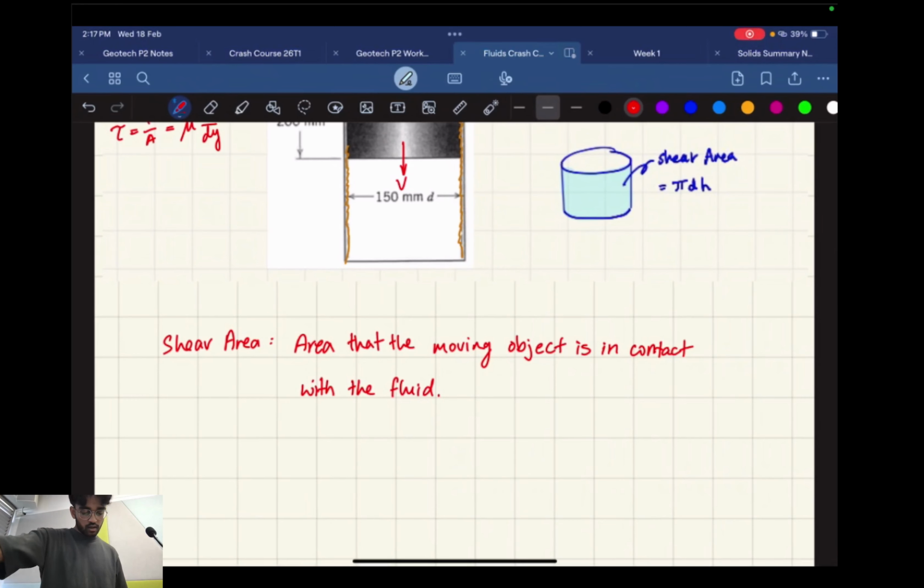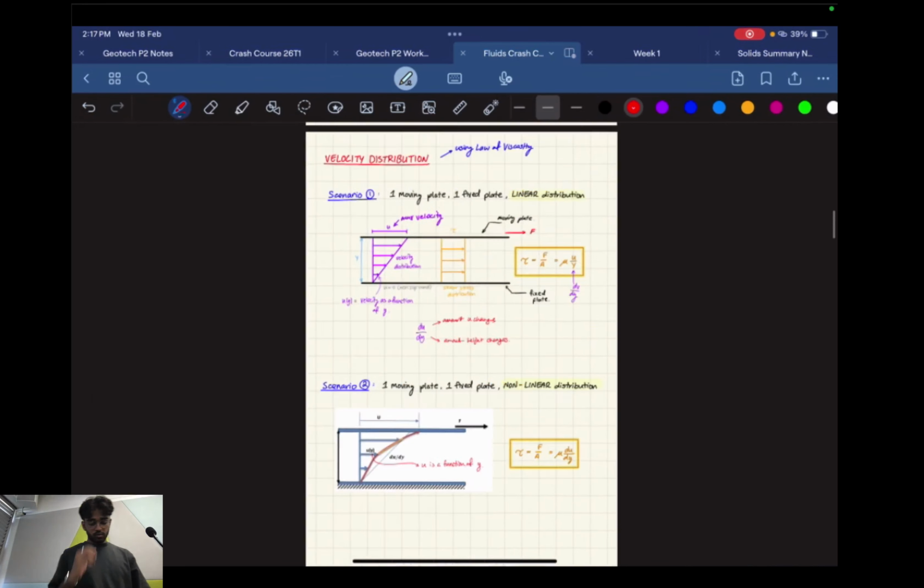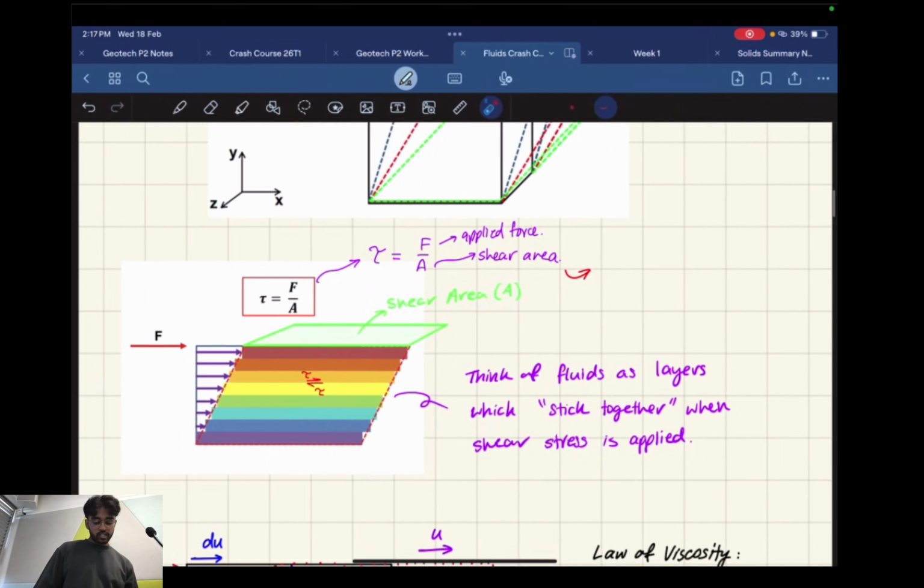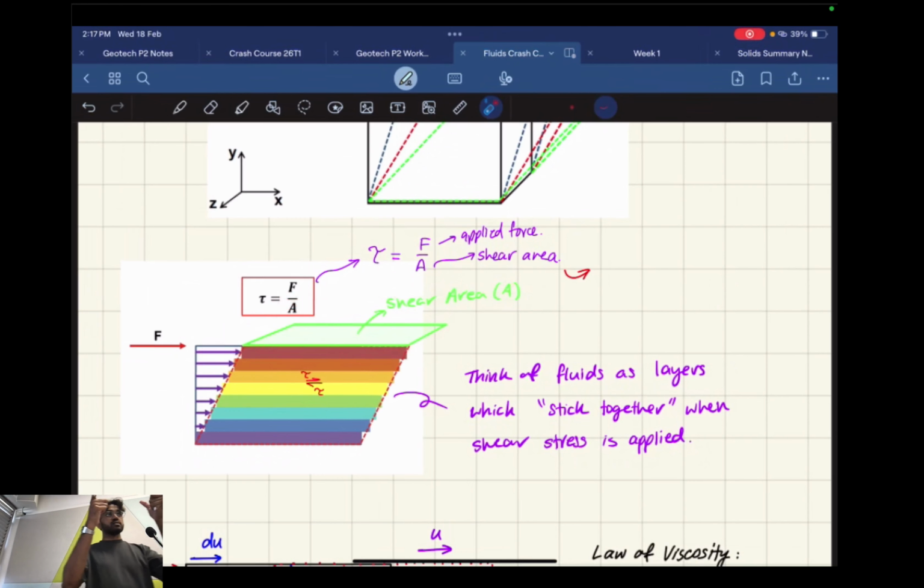This is your fluid. This bottom part over here is in contact with the fluid. So we'll have to take that shear area, which is just that circle. It's a bit weird, but imagine there's a plate over here that the top of the fluid is touching. That part is just going to be the shear area, the part in contact.